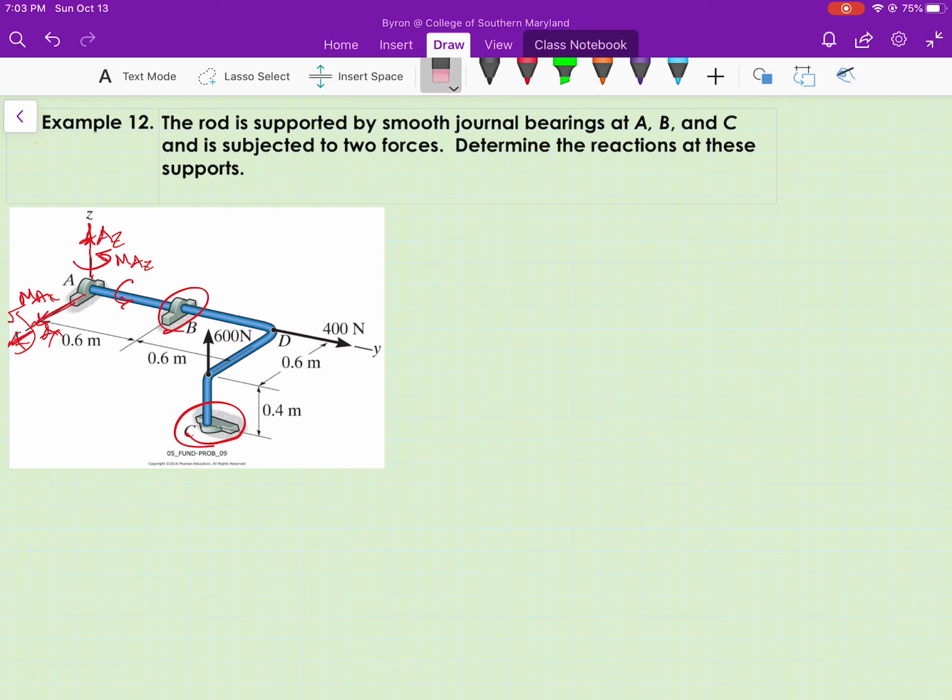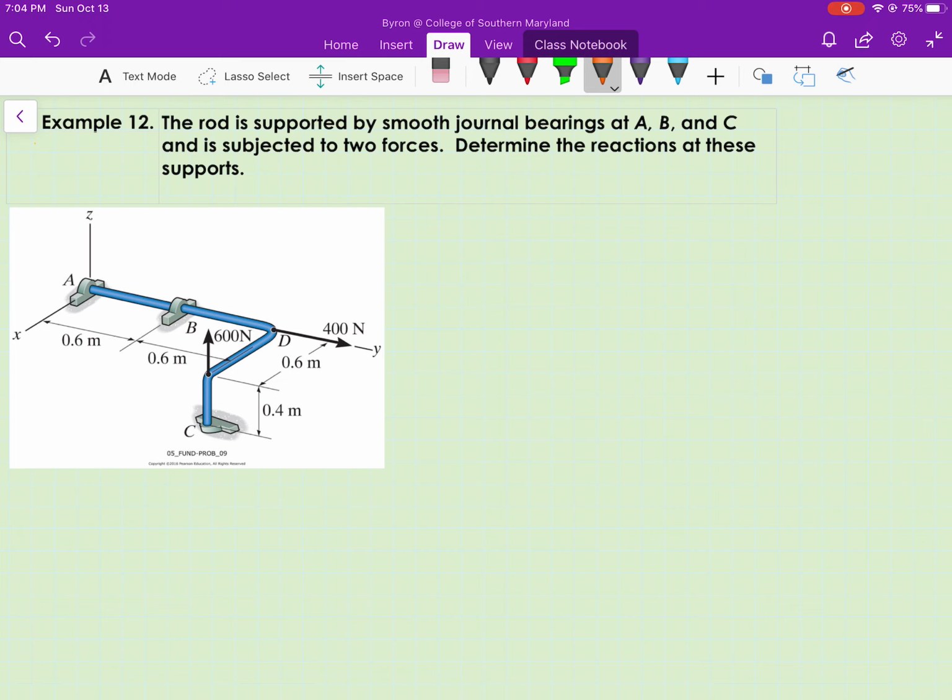So let me erase what I have and go back, and armed with that information, realizing that I have the case where I have multiple bearing supports, let me draw the support reactions, knowing that I only have force reactions, not moment reactions at each of the supports.